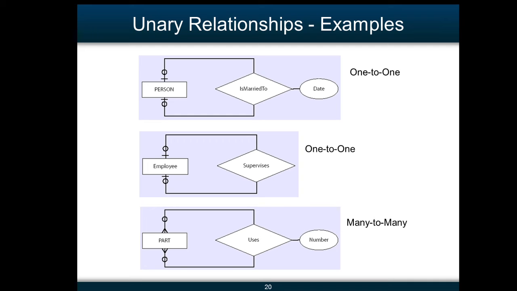So this means that many parts can be used by many parts, or many parts use many parts. And the optional there means that a part may not be used by another part because it's optional, and a part may use no part.